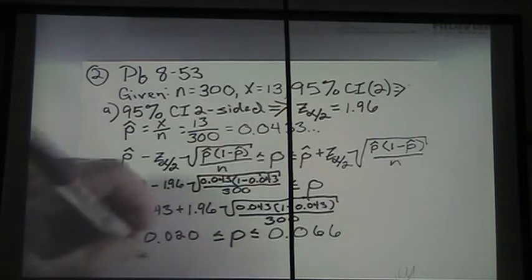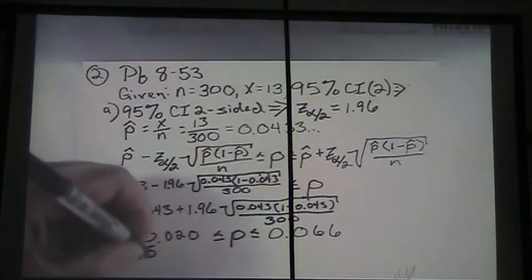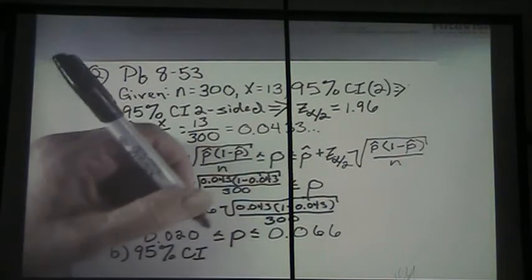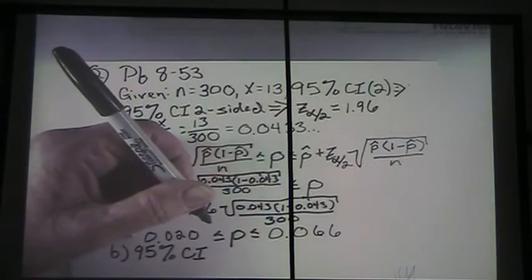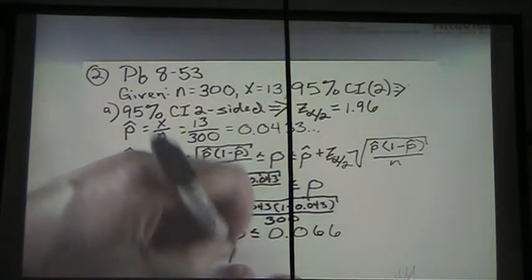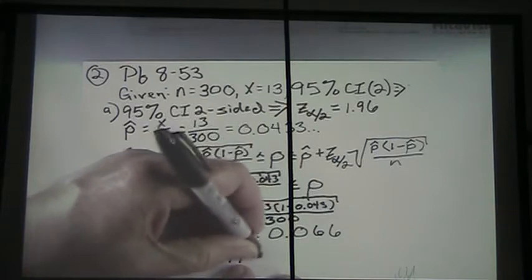But they say, what if we want a 95% confidence interval, but we want that on the upper confidence bound?